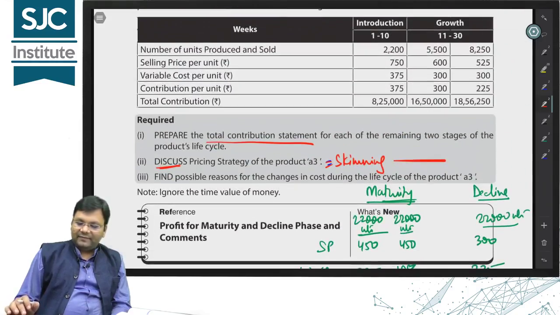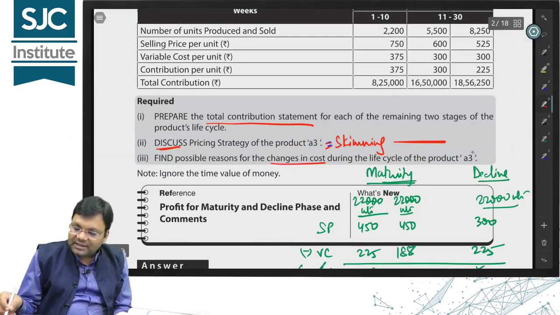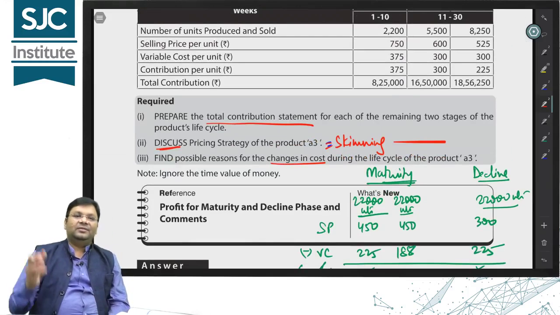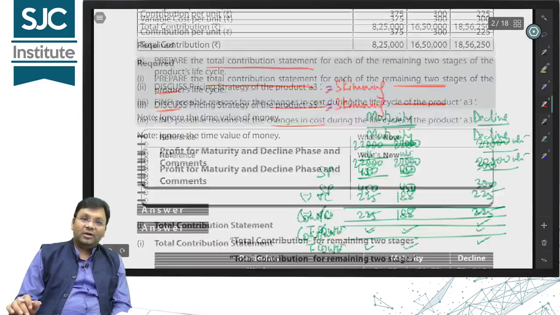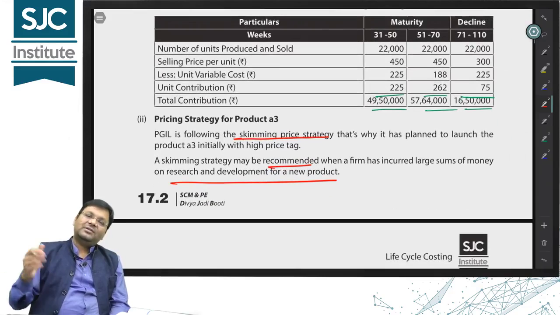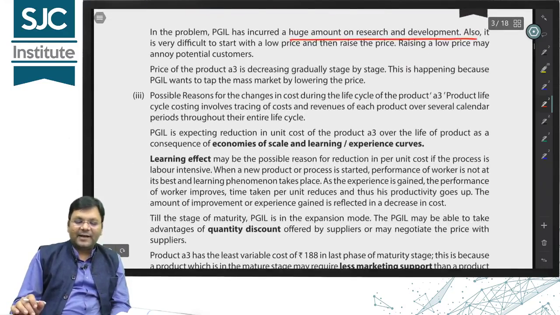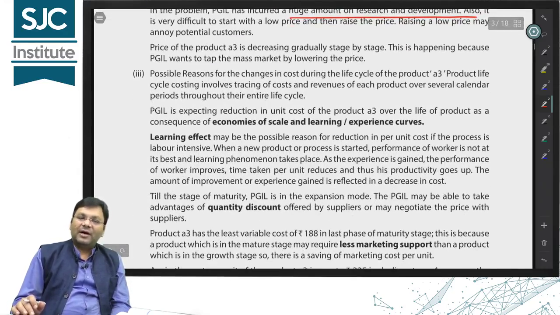Next we have: find possible reasons for changes in cost during the life cycle. I already shared the notes with you, the important notes at last that we discussed, on why cost is changing in different phases of the life cycle. In the initial introduction stage, it is very high because you have high promotional cost and high R&D cost.